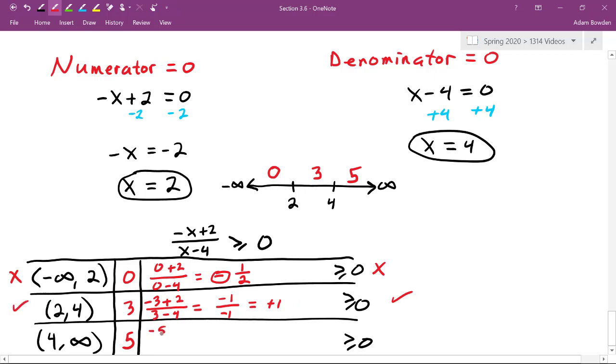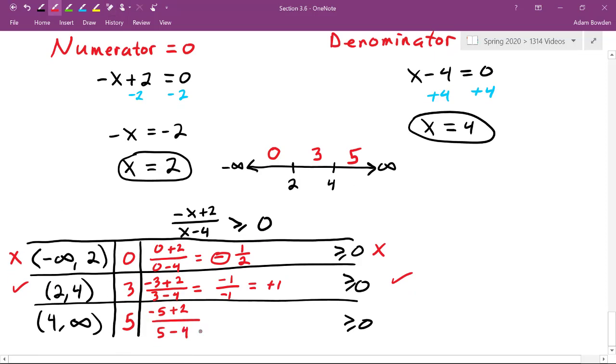Plugging in 5, negative 5 plus 2 divided by 5 minus 4. That's going to turn into negative 3. So another negative number, this one doesn't work. So we only have one interval here that is the solution. So I'm going to write that out here on the number line.